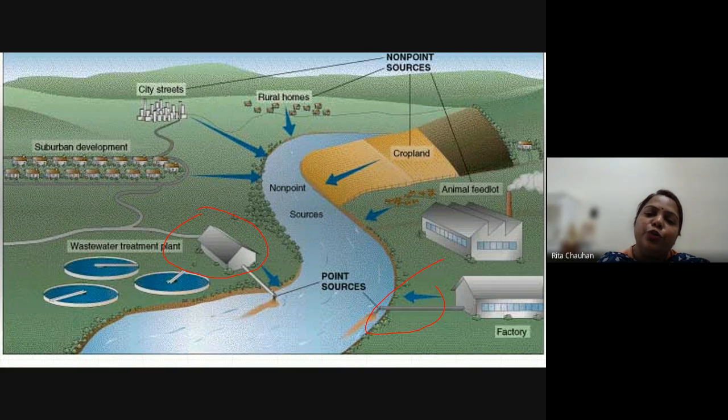So if we control this, then we can control the pollution. Point sources are also called controllable pollution. We can treat this wastewater, and then we can release it into the water body.